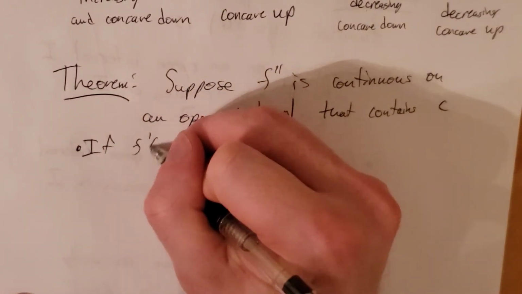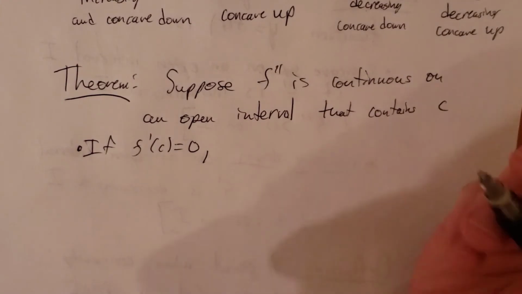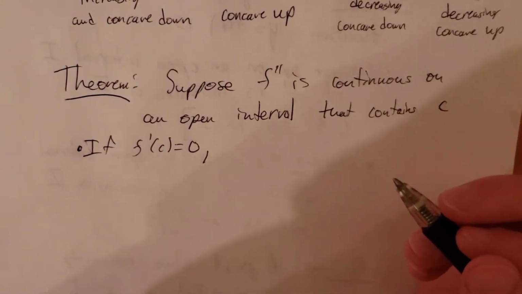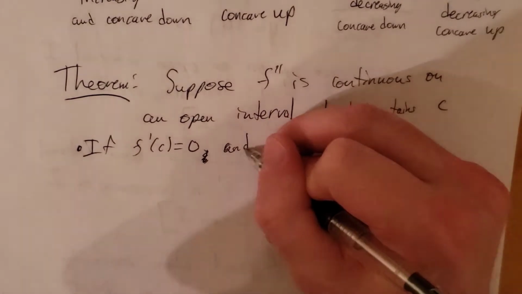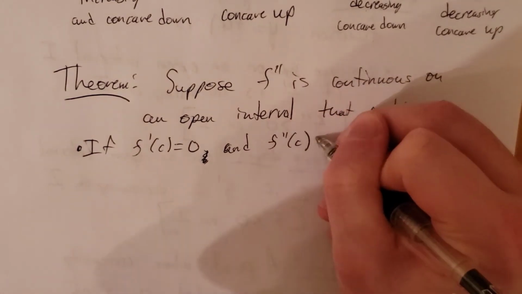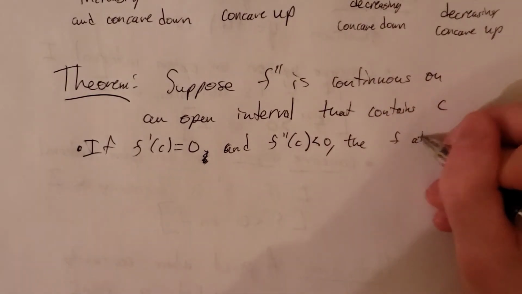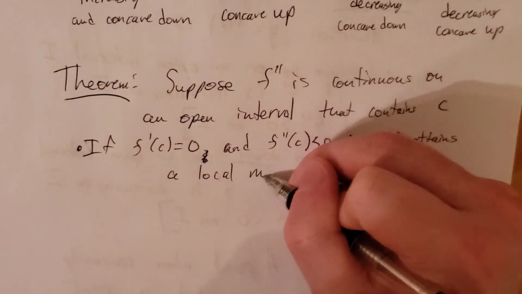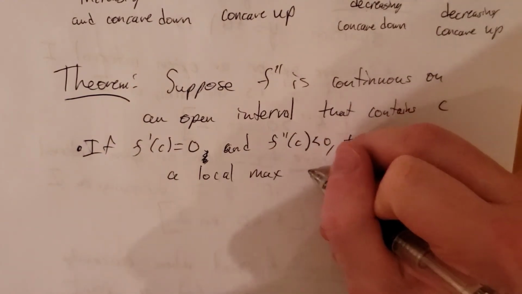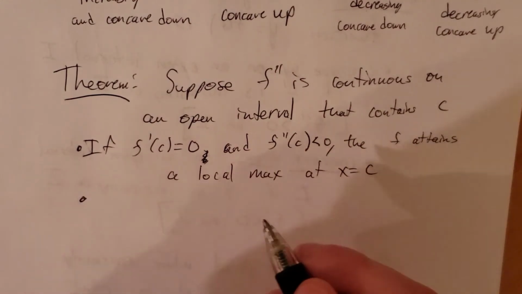If f prime of C is 0, in other words, we have a critical point, C is a critical point or a critical value on the function. And f double prime of C is less than 0, then f attains a local maximum at x equals C. We'll see this via a picture in just a moment.